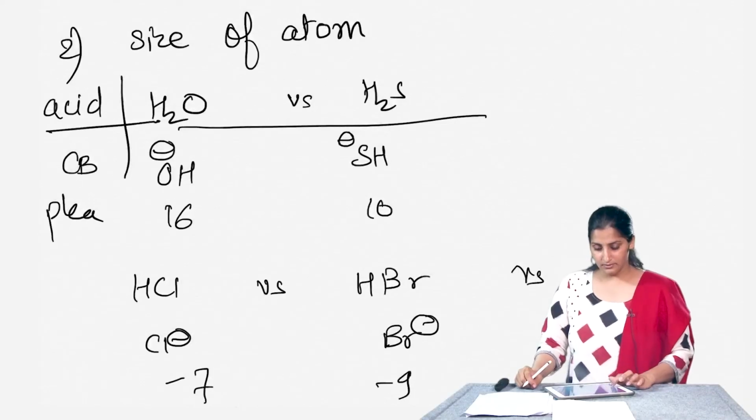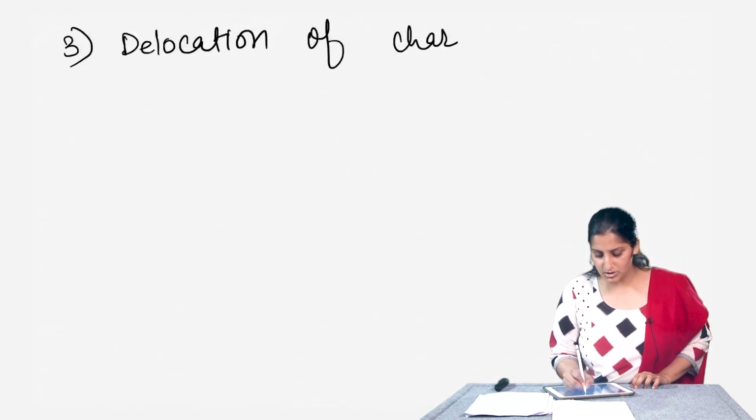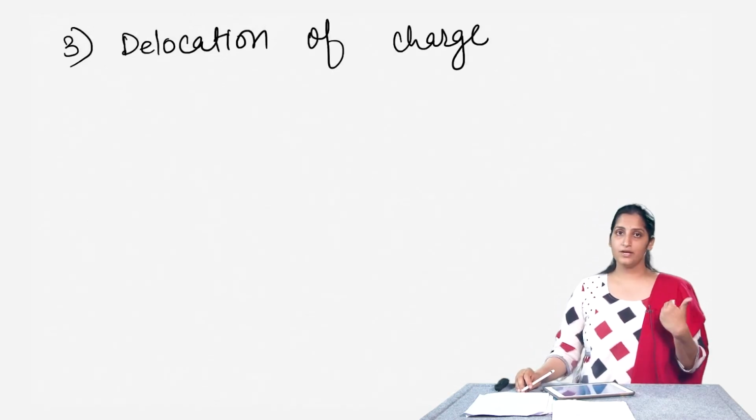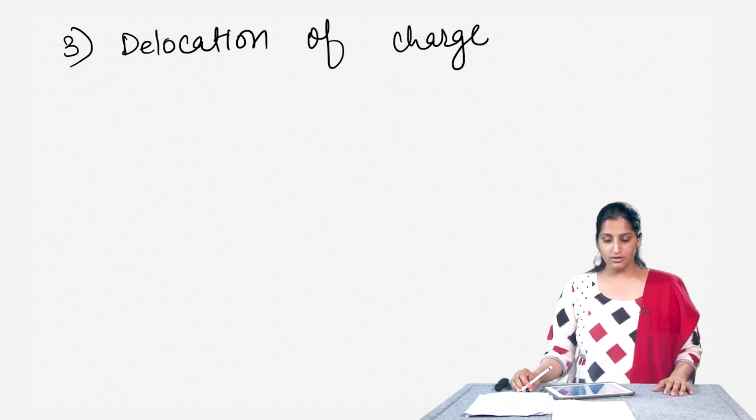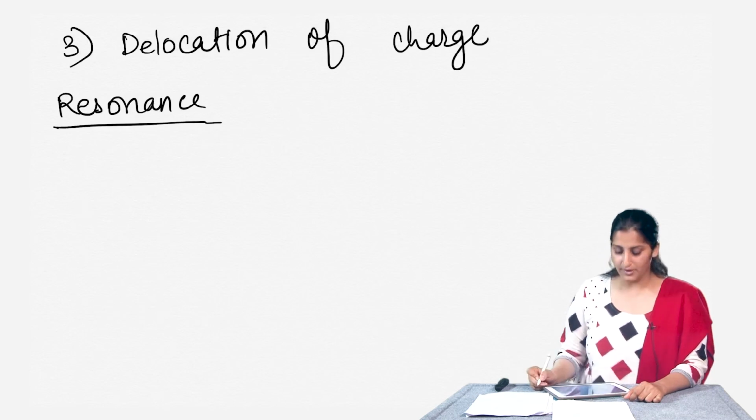The third thing or the third criteria that we have to look at is the delocalization of charge. So, the delocalization of charge can happen in multiple ways. The first one that we are going to look at is resonance. Okay.